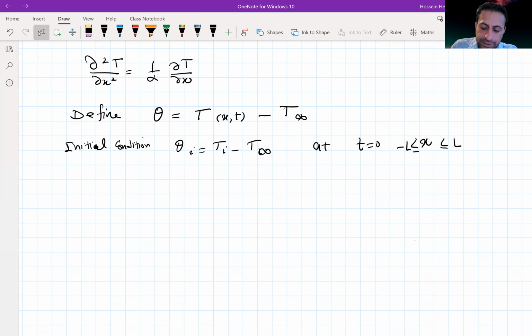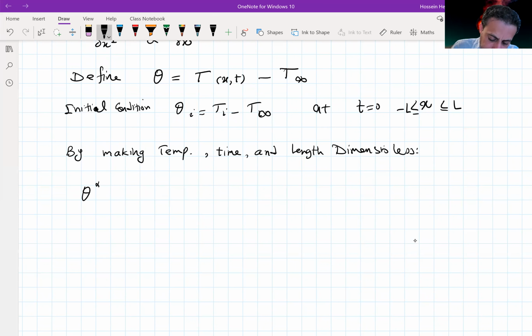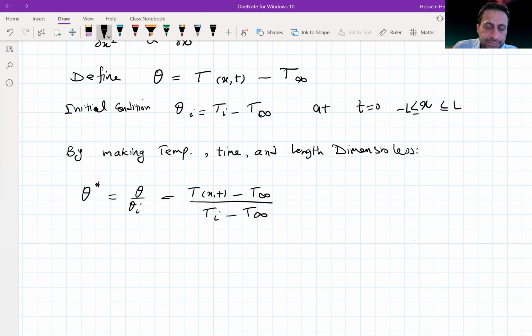If we make temperature difference, time, and length dimensionless, in a way that the dimensionless form theta star is theta divided by theta i, T of x minus T infinity over Ti minus T infinity.